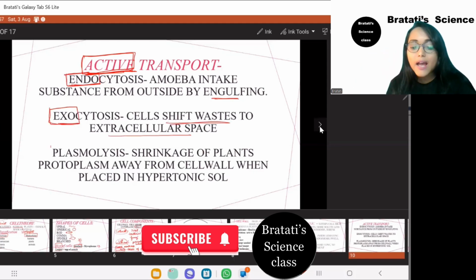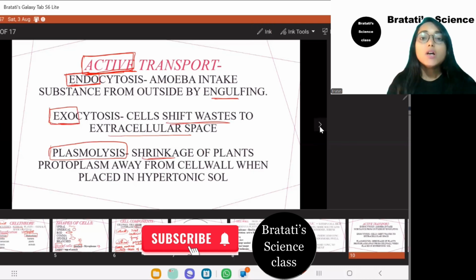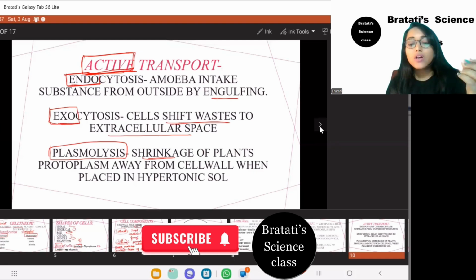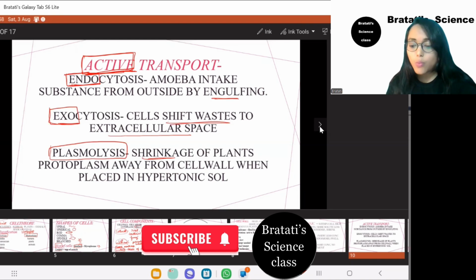Okay. Now plasmolysis. Plasmolysis is the shrinkage of the plant protoplasm. Protoplasm is again the jelly-like substance that is present in the plant cell. It moves away because it is put in the hypertonic solution. That means the protoplasm or the cytoplasm shrinks, and so it moves away from the cell wall.